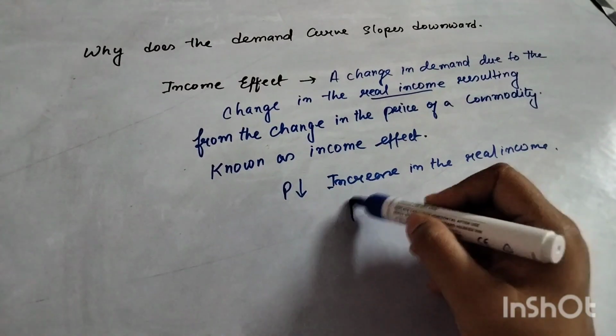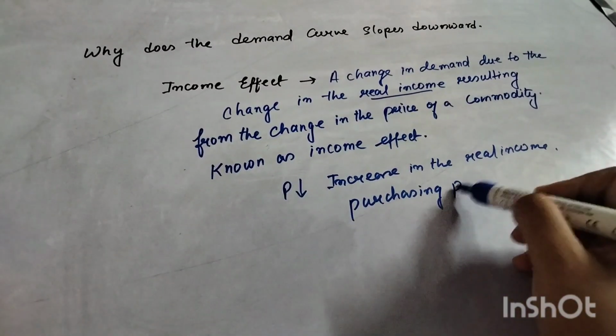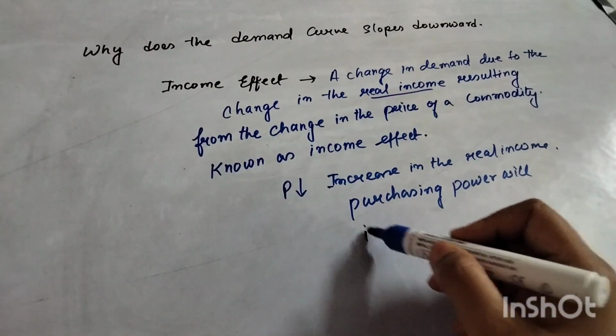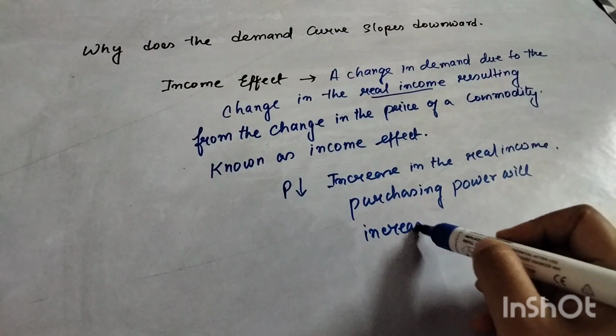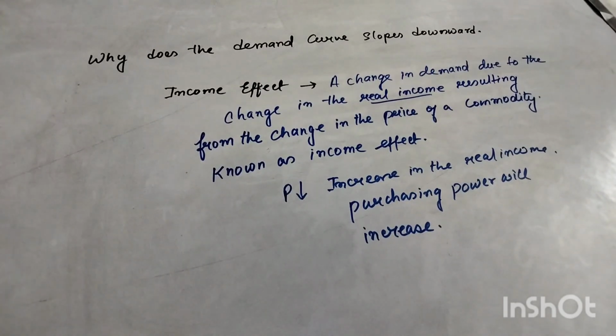That means your purchasing power will increase. When the price of any commodity falls, your real income will increase. Now what does real income mean? Real income means the purchasing power.